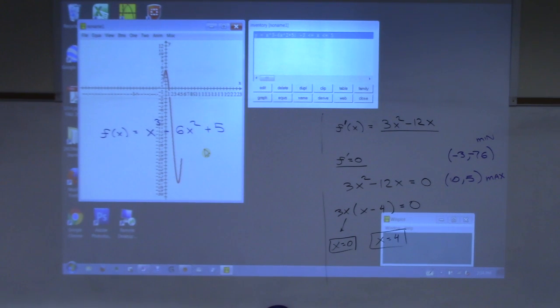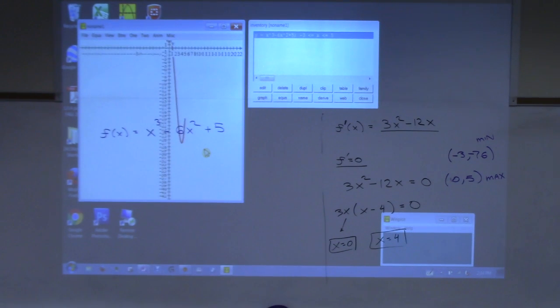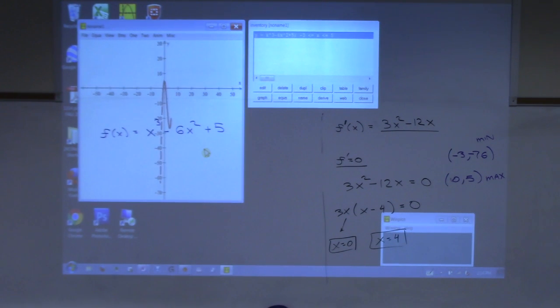Well, that didn't work out very good. What was our min? Where was our min at -3? Is that right? I can't see it. She put on Wolfram. There we go. Okay. Yeah, that's no good. Put on Wolfram and it's good.